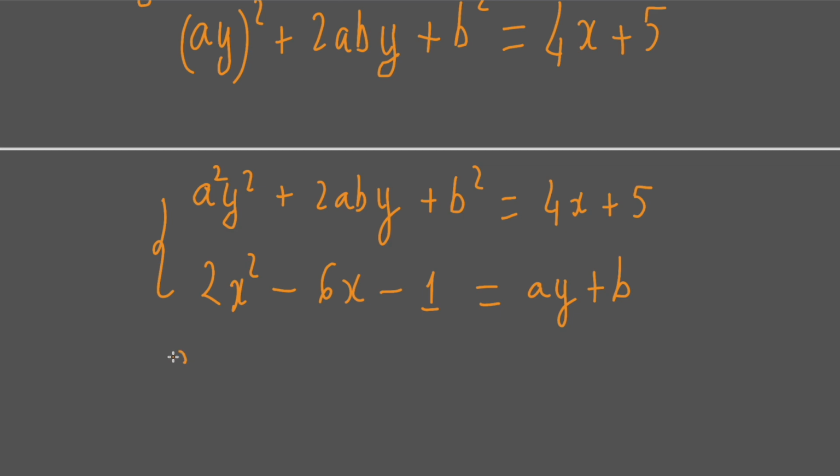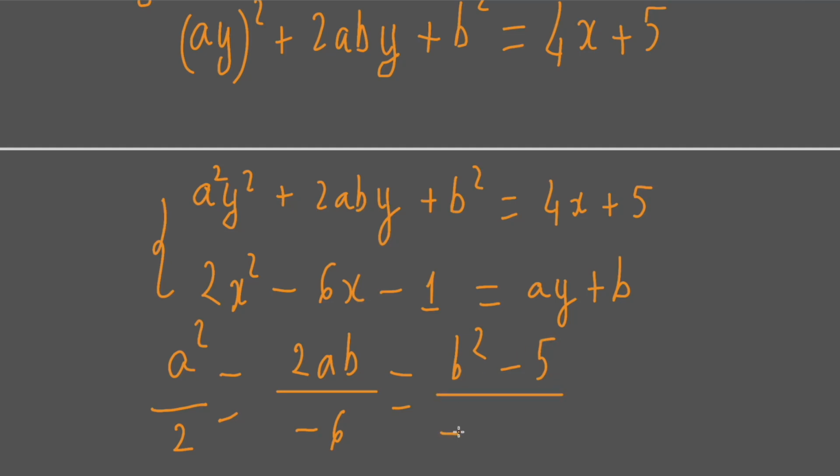Then we should have a squared over 2 equal to 2ab over negative 6 equal to (b squared minus 5) over (negative 1 minus b) and equal to 4 over 8.